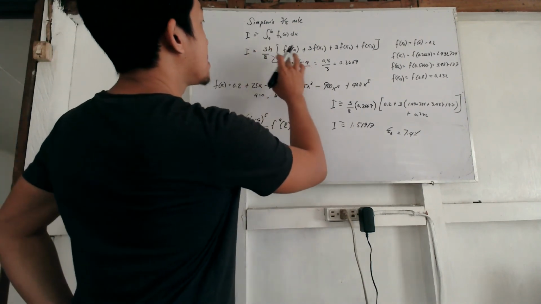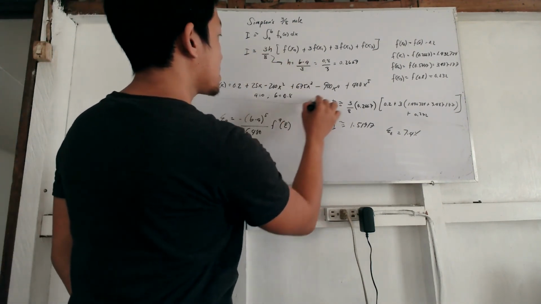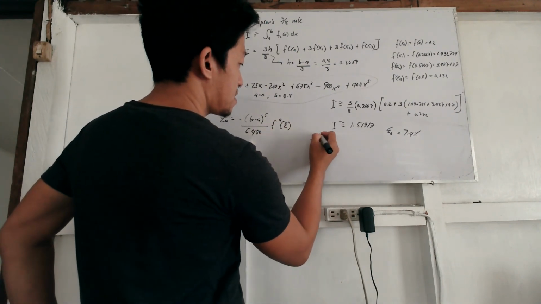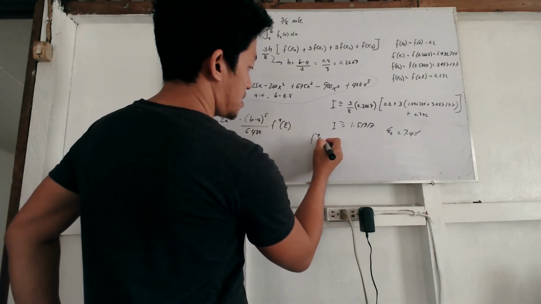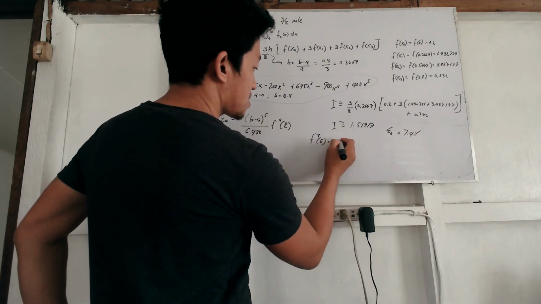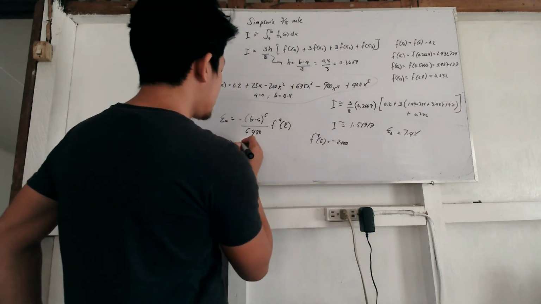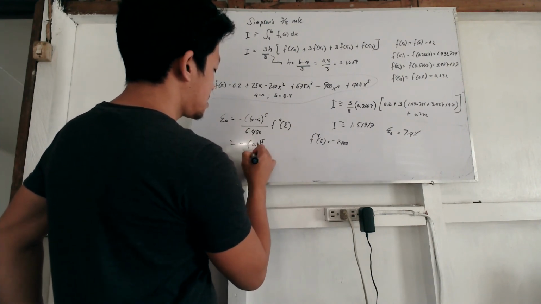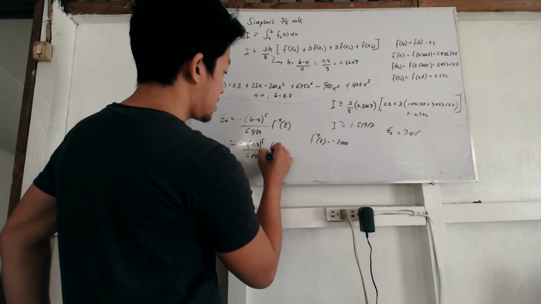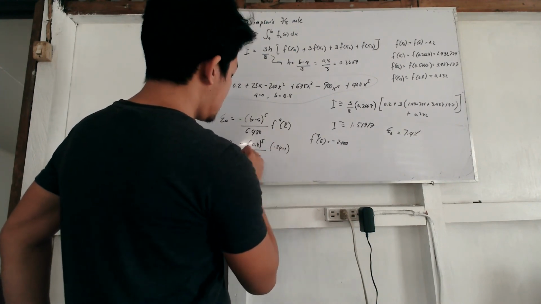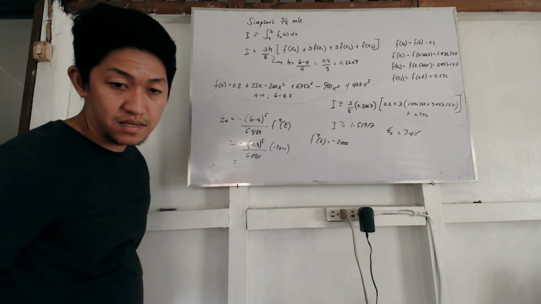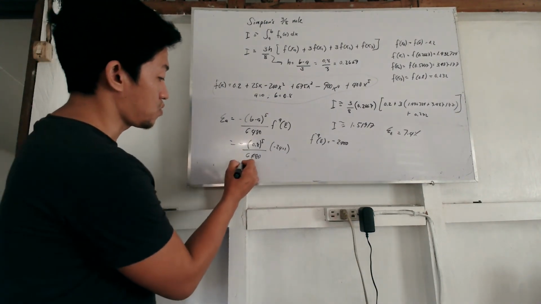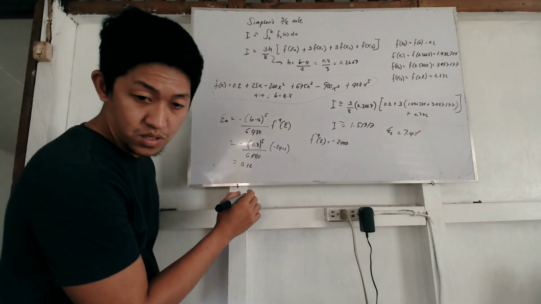Same equation as earlier. We already got the average value of the fourth derivative, which is negative 2,400. So you have negative 0.8 to the 5, over 6480. The approximate error is 0.1212.